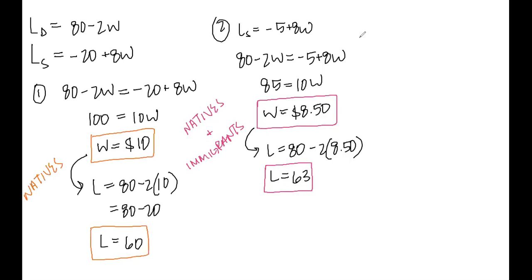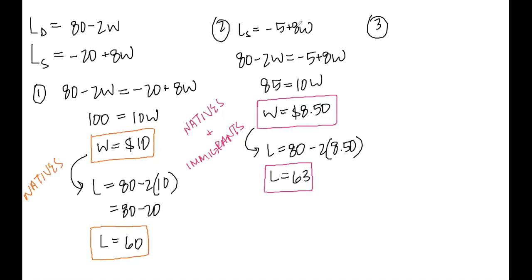So number 3, what has happened to the employment level of natives as a result of the immigrant arrival? So it's important to make those two distinctions of who makes up the labor supply in each scenario, because at first glance you might say that the employment level of natives has gone up by 3, but that's not actually what happened. Total employment has gone up by 3, but it's now a mix of natives and immigrants.